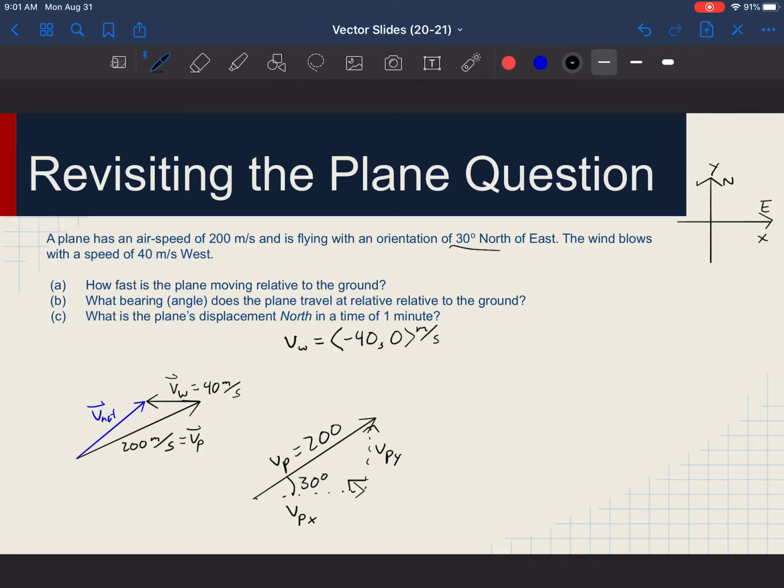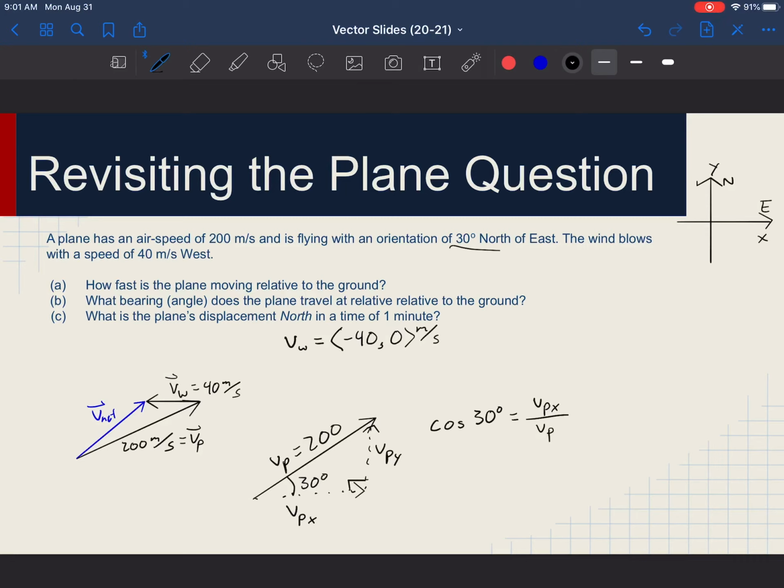For v plane x, this is the adjacent side with respect to this angle, so we use adjacent and hypotenuse, cosine. So cosine of 30 degrees equals the adjacent side, VPX, over the hypotenuse, which is VP.